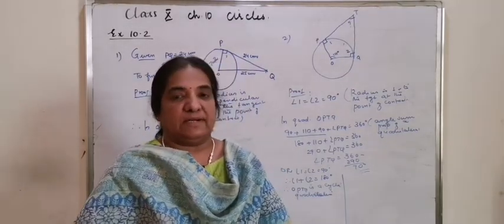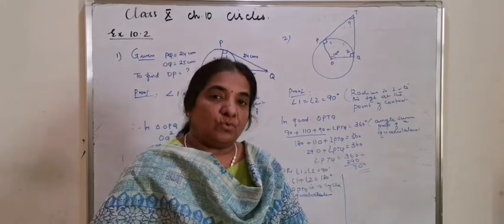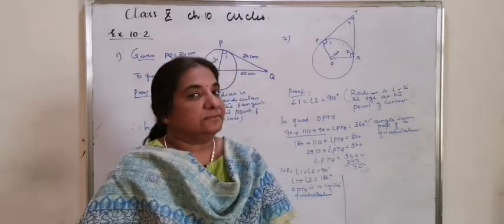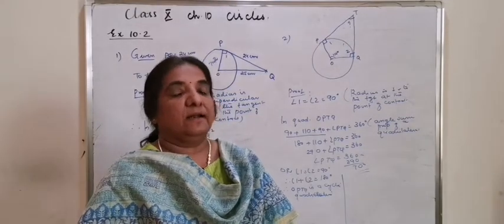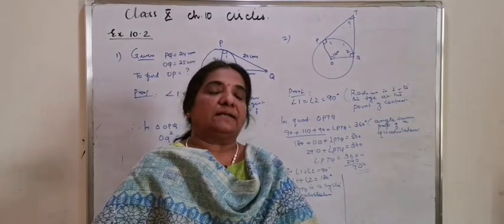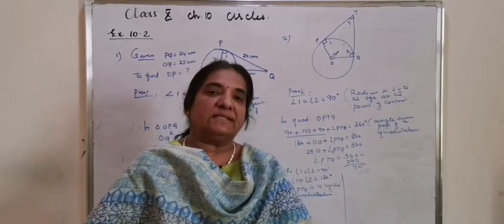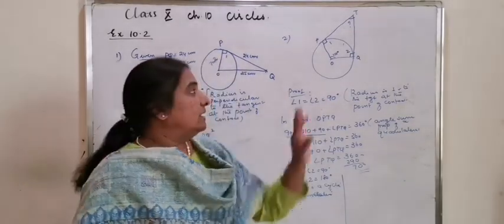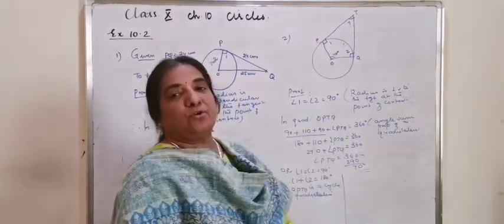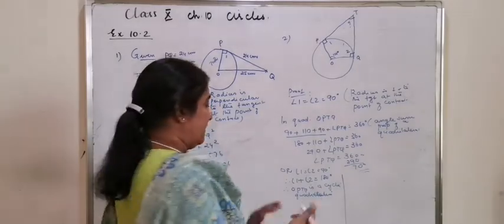What is a cyclic quadrilateral? A quadrilateral whose sum of opposite angles is 180 degrees is termed a cyclic quadrilateral. Or as a converse, if the sum of two opposite angles of a quadrilateral is 180 degrees, then the quadrilateral is a cyclic quadrilateral, which shows that the other pair also is supplementary.